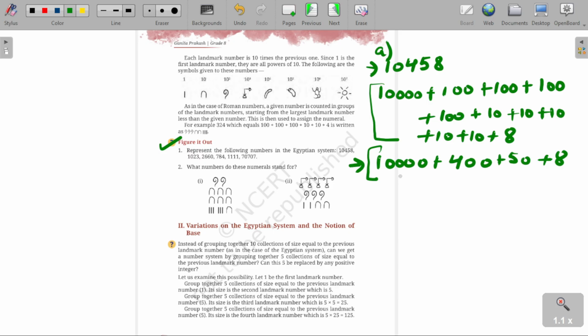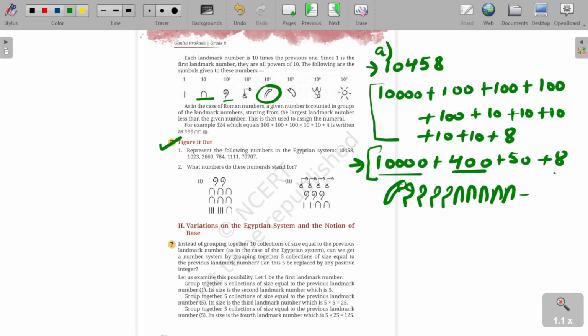So the symbols will be, see, 10,000 means 10 raised to 4. This is the symbol, right? And 400, that means 4 times 100. This sign, 4 times: 1, 2, 3, 4. 50, that means this symbol 5 times: 1, 2, 3, 4, 5.